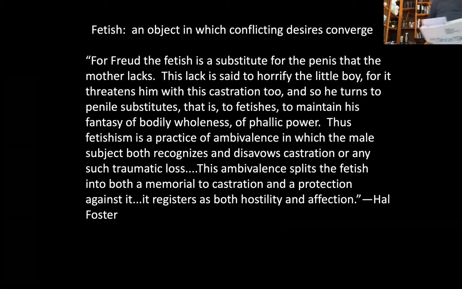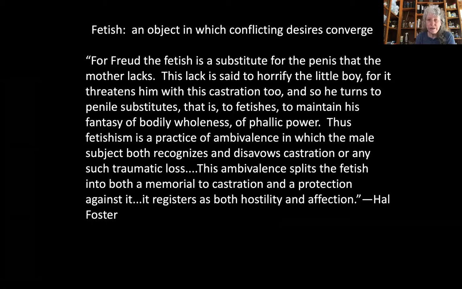Okay, so this is my most useful book, and unfortunately, it's backwards, but it says Art Since 1900. It's a great book. I've learned a lot from it. And the editor is a guy named Hal Foster. So this is what he says about fetishes and Freud. And this may sound like really out there to you, but just roll with it for a minute.